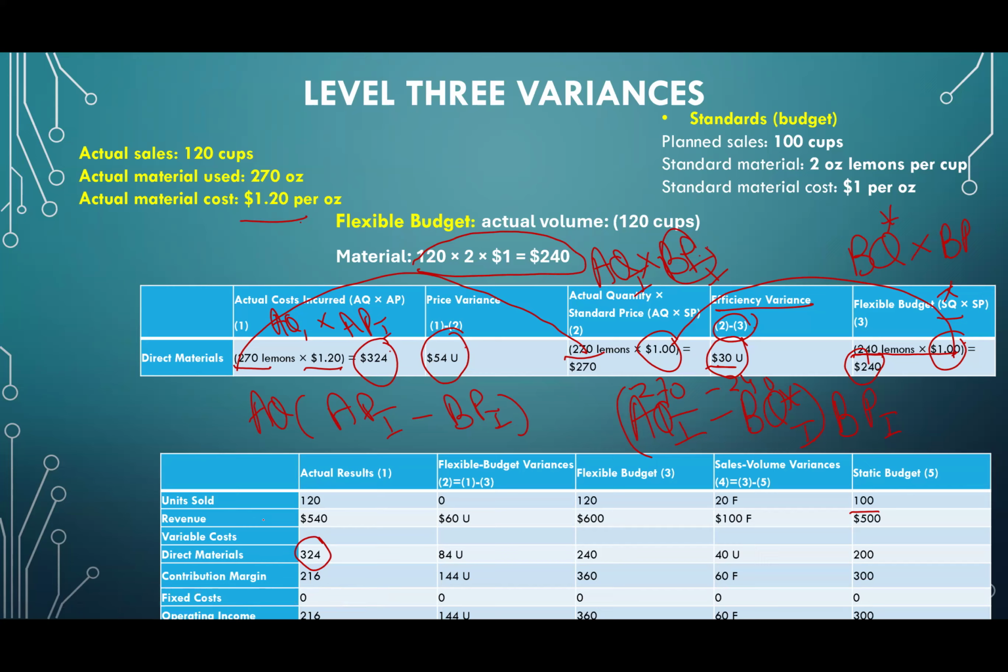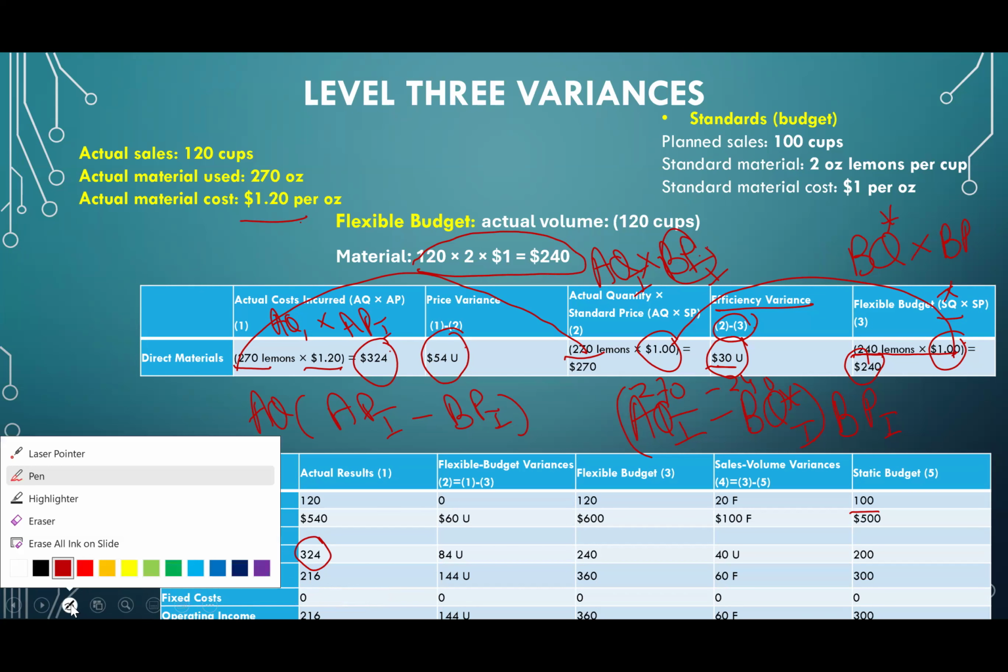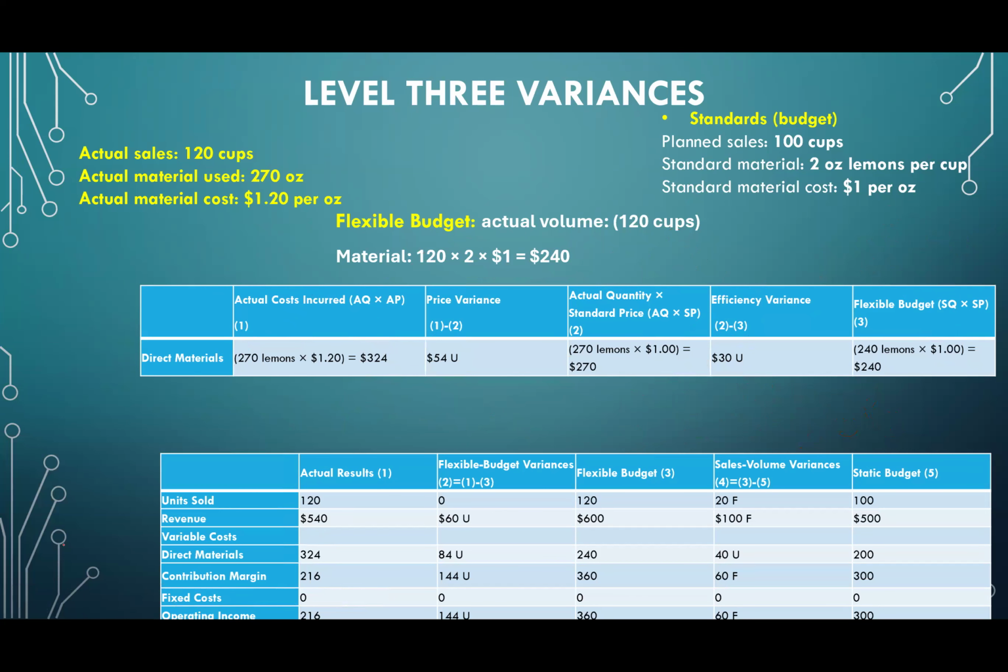So basically the most crucial thing to understand on this slide is the calculation that you are doing here, which is standard quantity allowed. We took the budget from here, we took the actual number from here.